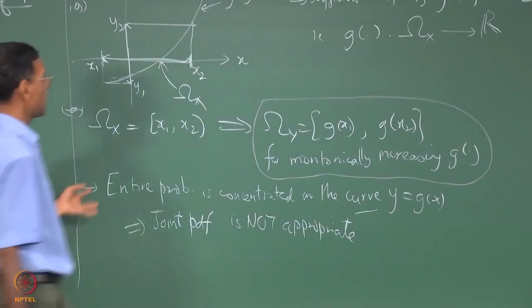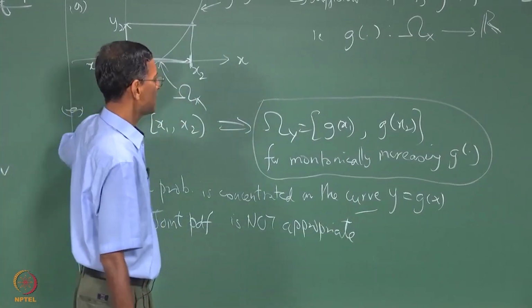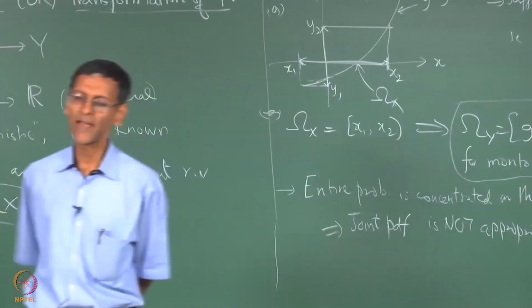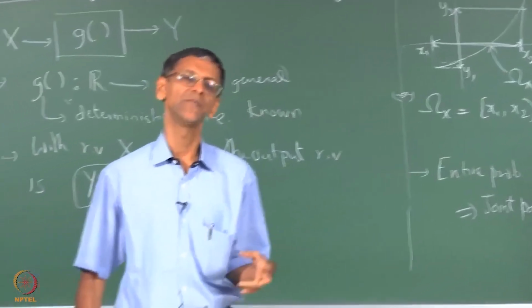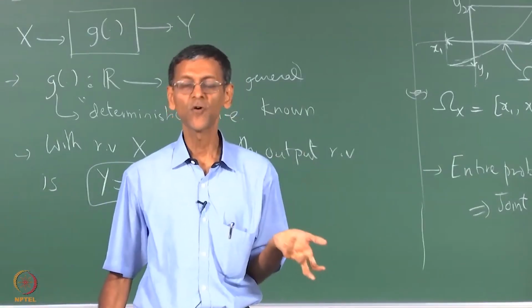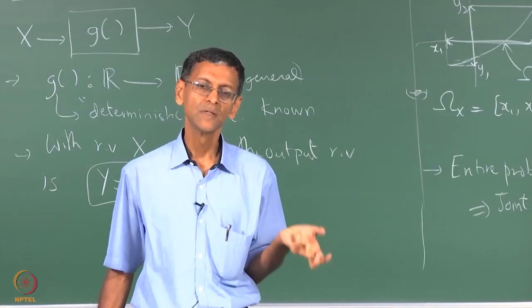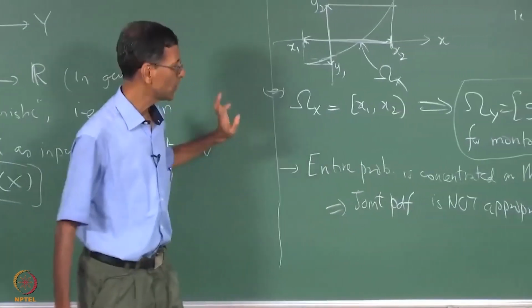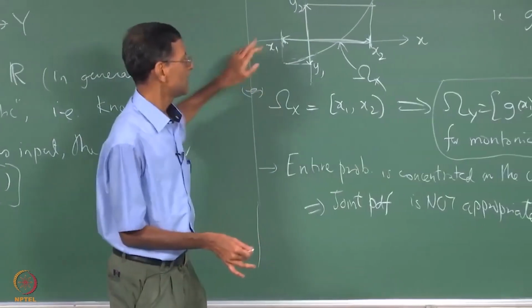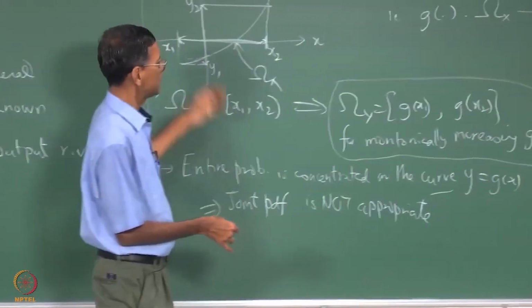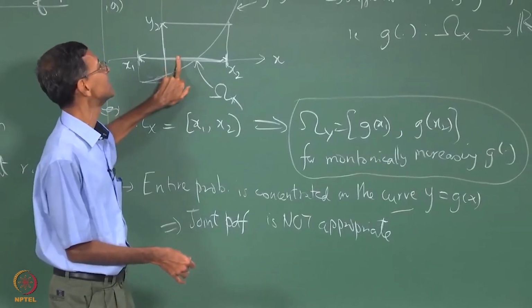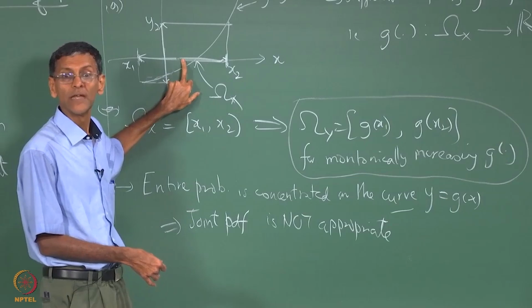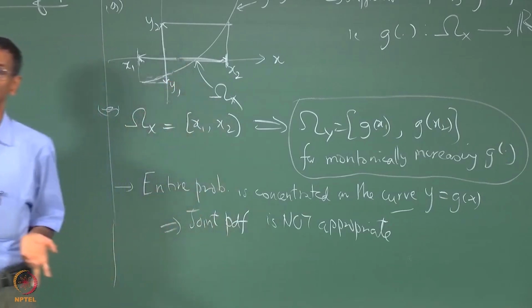But it turns out that what you can do is treat y as a separately existing random variable and ask for the PDF of y separately. That is the approach we are going to look at. One more point we can make: given that x has taken some value in its range, there is no more randomness in y.